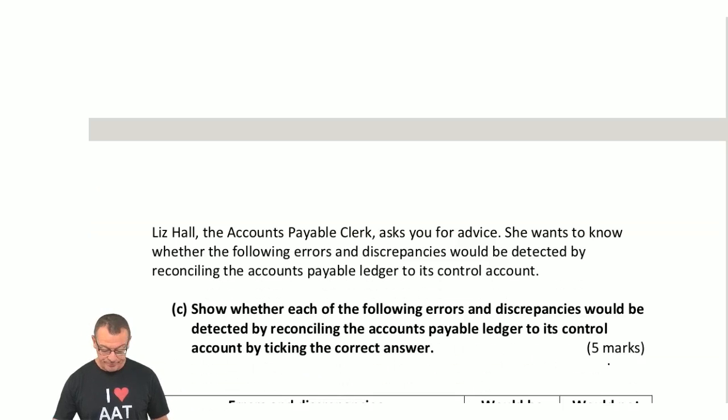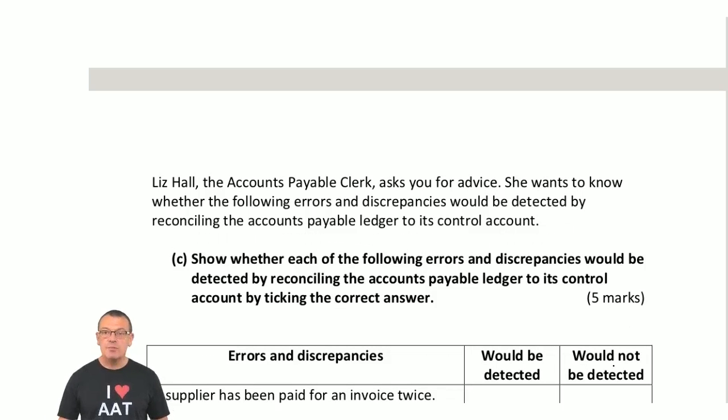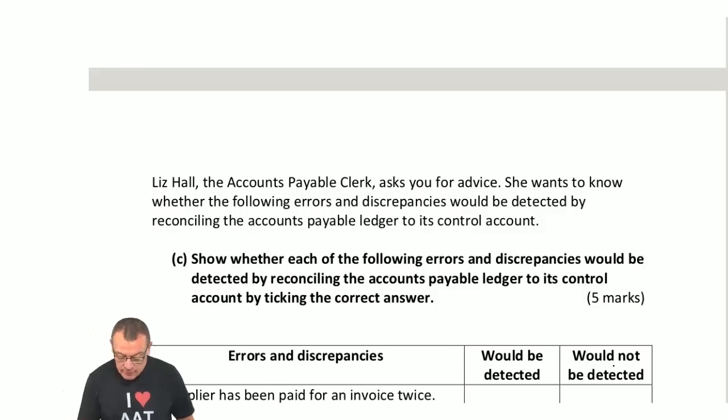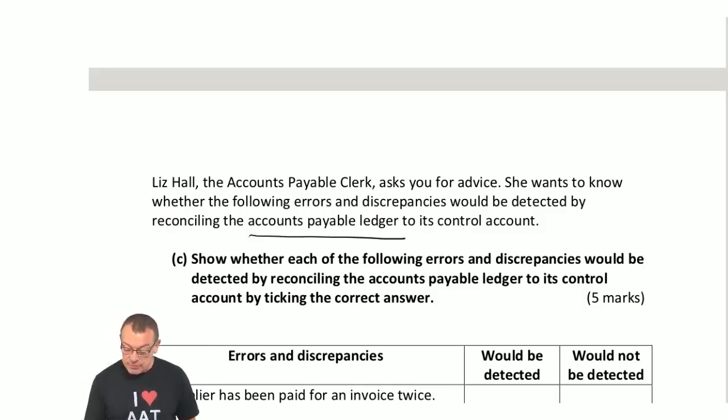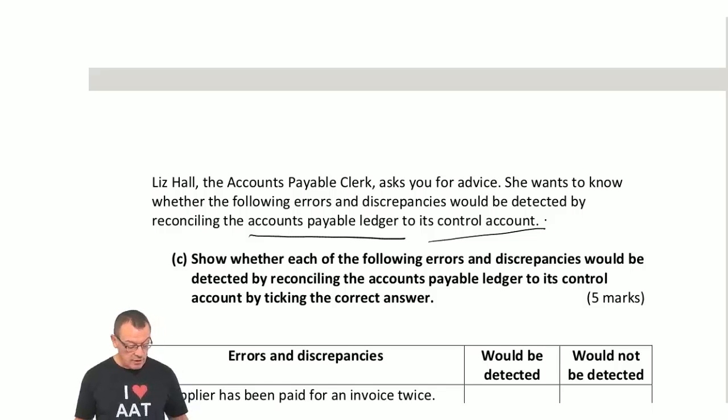Right, okay, next one. Liz Hall, the accounts payable clerk, asks you for advice. She wants to know whether the following errors and discrepancies would be detected by reconciling the accounts payable ledger. That's the first thing I'm going to underline. I'm dealing with that ledger to its control account, so we're bringing in knowledge that we've gained from other units here.